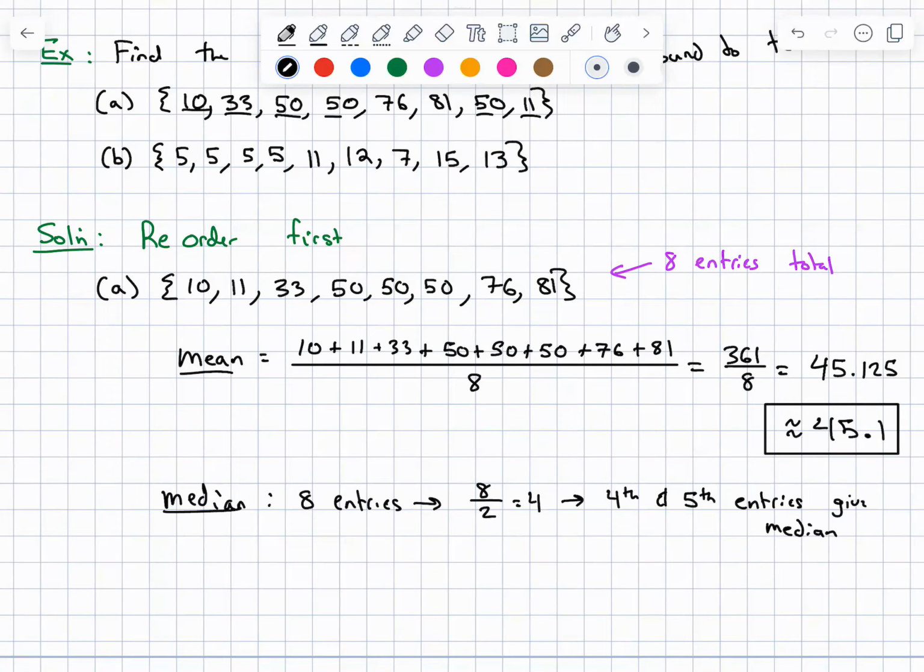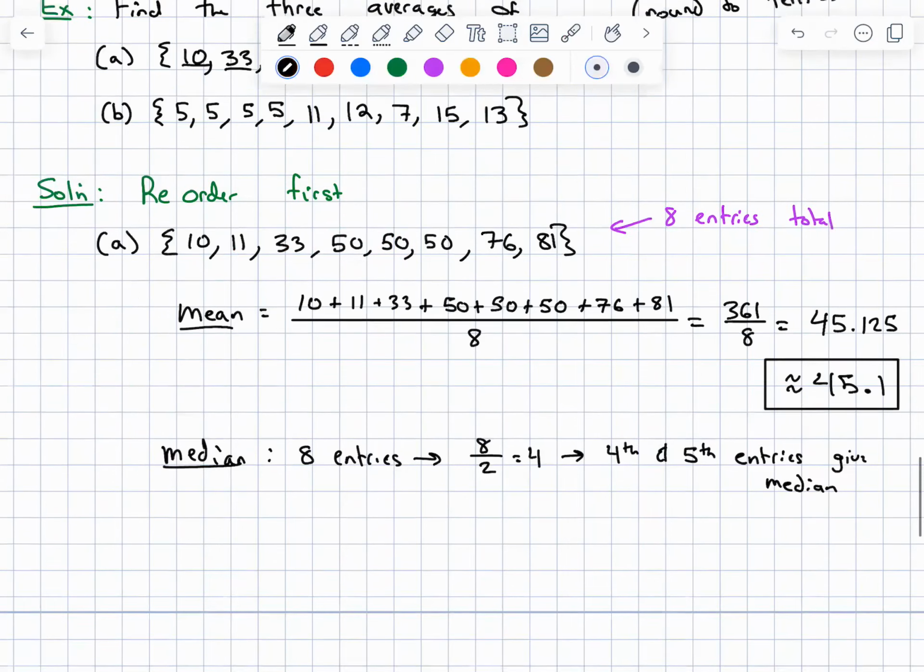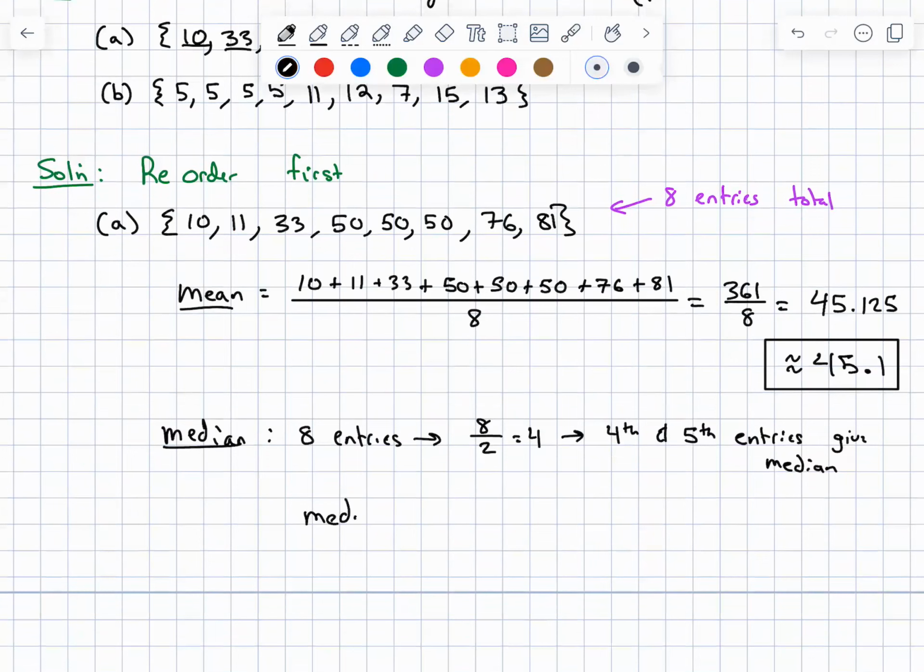If you like, you can do this in your head, or you can just write 4 and 5, however you want to do it. You don't need to write all this in this notation. So 1, 2, 3, the fourth and the fifth entry are both 50s. So the median is 50 plus 50 divided by 2, which is 50.